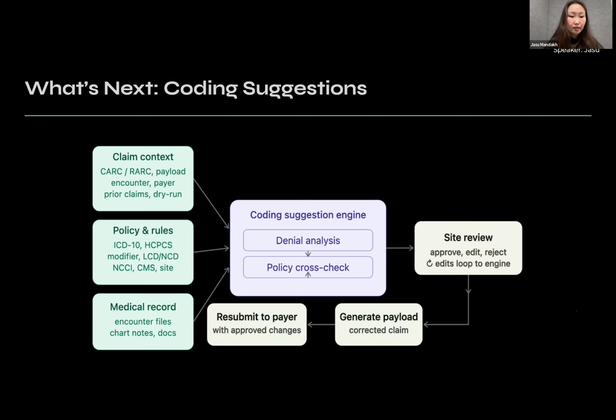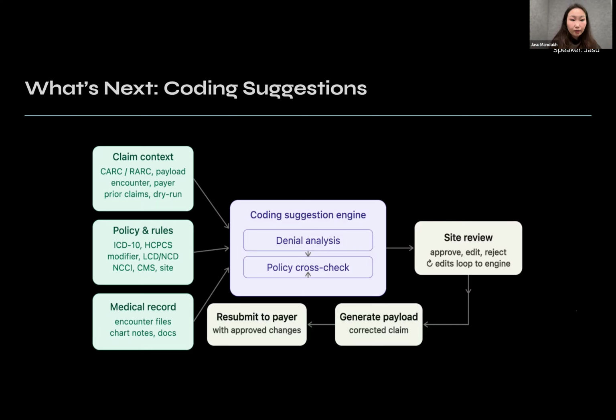What it does is take all of this context, policies, and everything that needs to be taken into consideration to solve a coding denial, and then give you a highly accurate suggestion so that you can easily approve or deny it, change the payload automatically, and then submit it. One clarification I want to make is that we're not automatically changing the coding and resubmitting; these are all review processes and suggestions for you. Currently, we don't have it, and we are working on it.